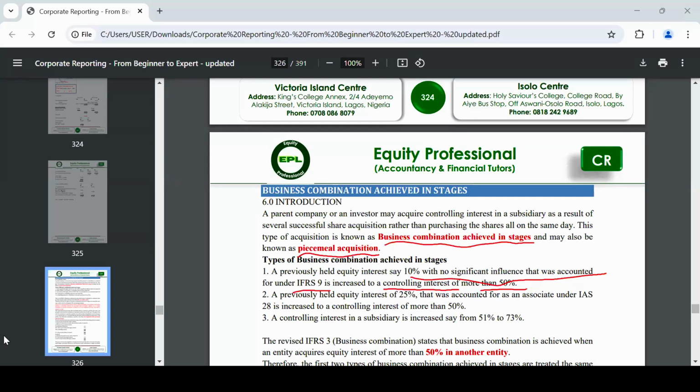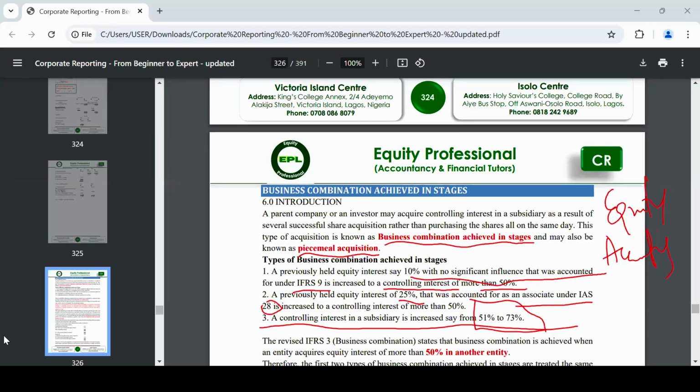Or we could have a case like I had earlier mentioned, where you held over 20%, which is associate investment, you would have been treating using IAS 28, doing what is called equity accounting. Or we could have a case whereby you already had controlling interest. The only thing is that you increased your interest, for instance, from 51% to 73%.